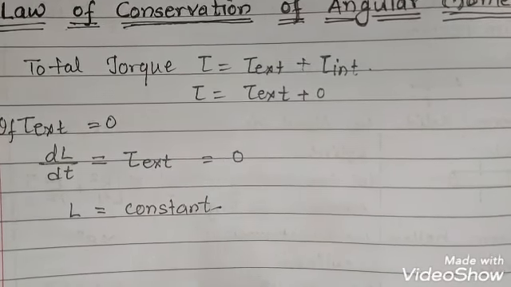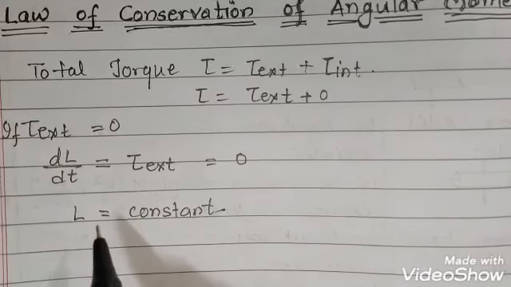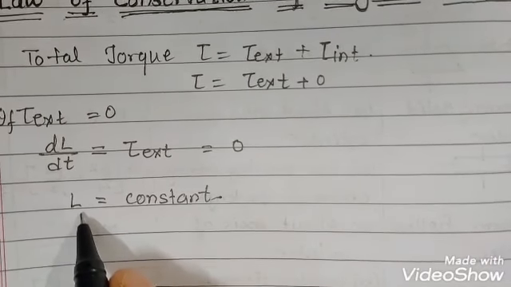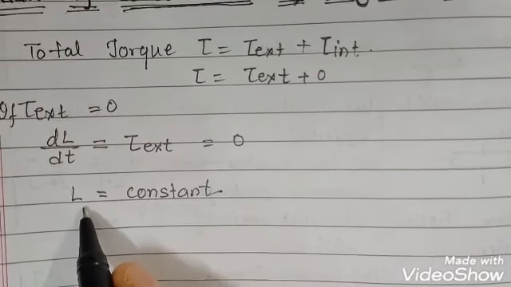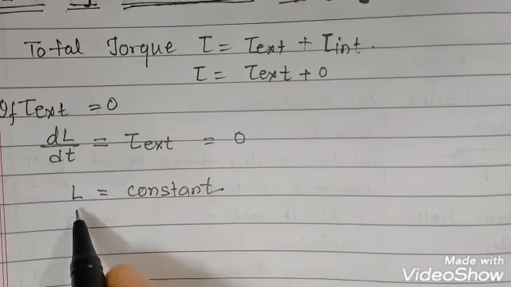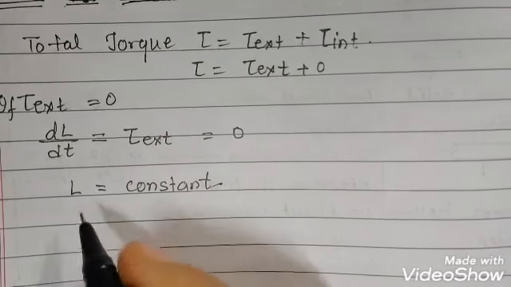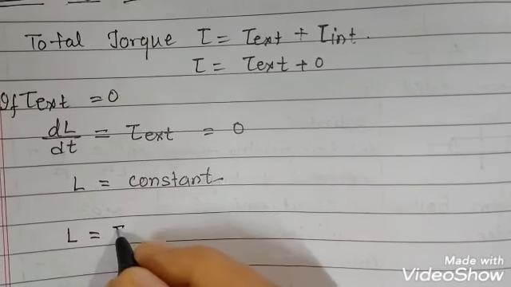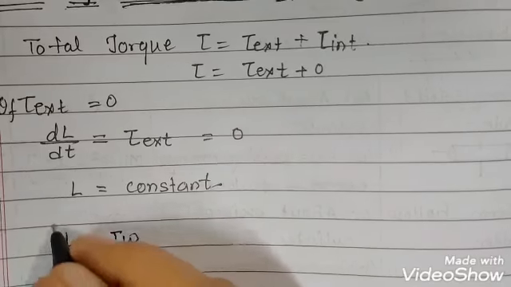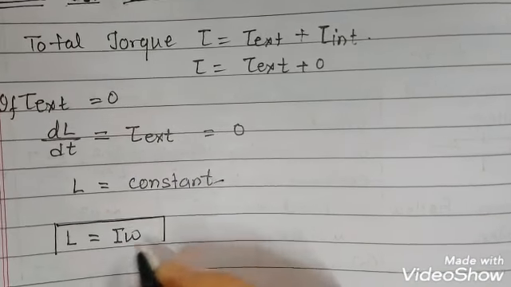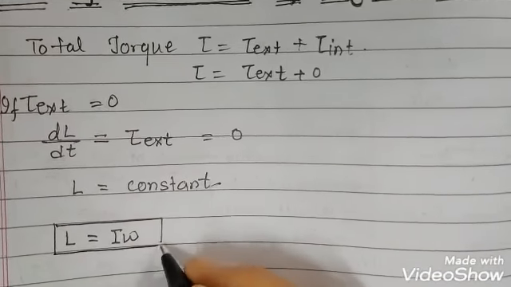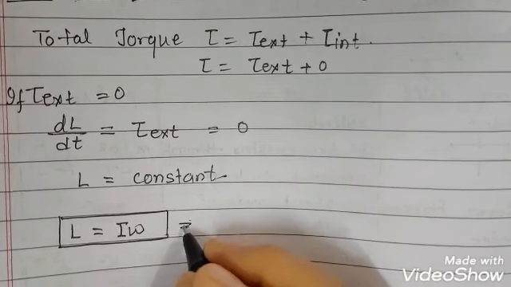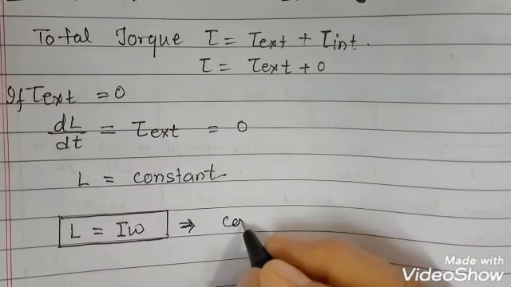In that situation the angular momentum would be constant. Just now we derived another formula of angular momentum, that is I omega, the moment of inertia and the angular velocity, and this would also be constant.